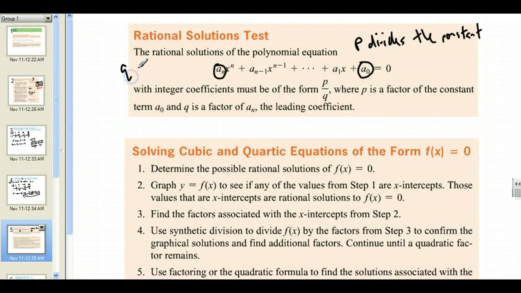So q divides the leading coefficient. Alright, LC, leading coefficient.